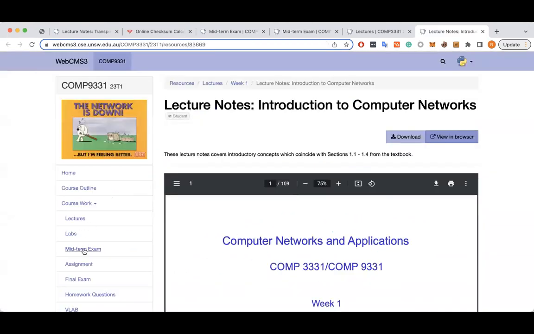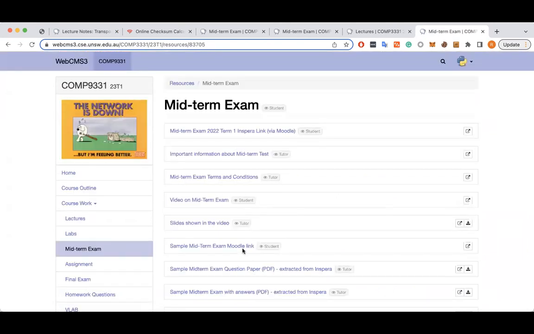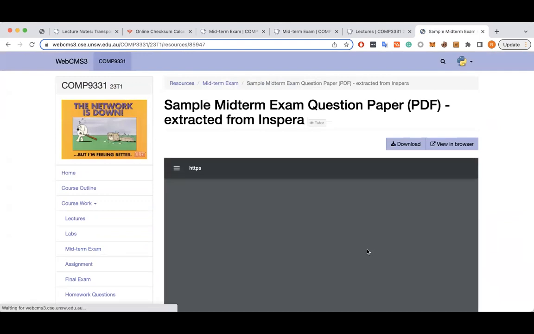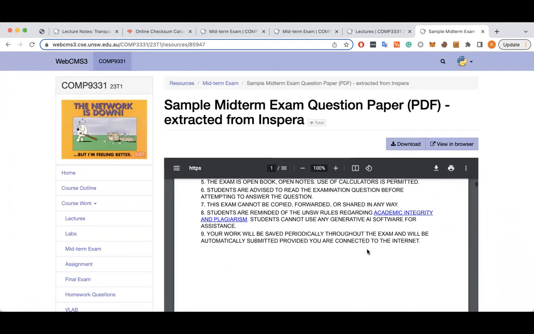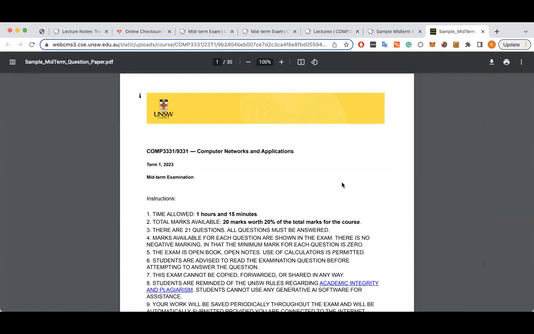And the second one, we have prepared some mock test material so you can have a look. I think we will release some sample midterm exam questions. Like this. I can show you right now.